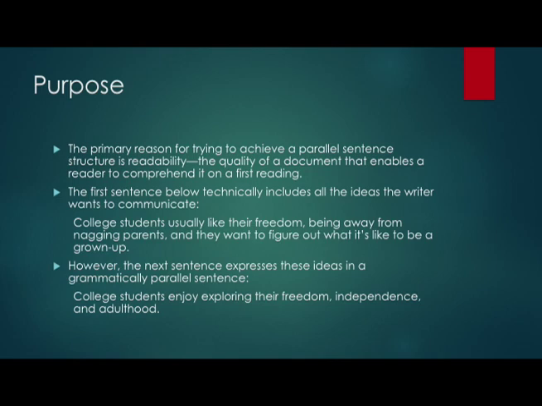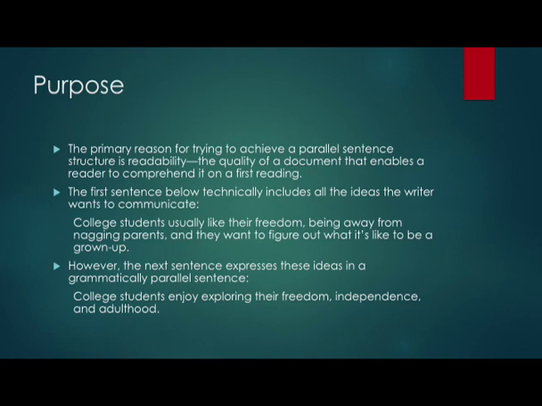Okay. So to give you an example here, "College students usually like their freedom, being away from their nagging parents, and they want to figure out what it's like to be a grown-up." So yes, we can read this, we can kind of understand what the writer's trying to say, okay? But look at the alternative to that.